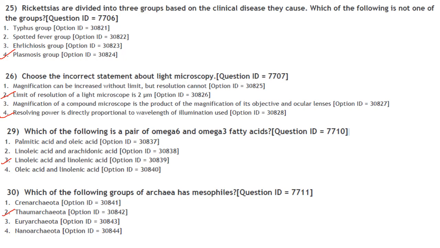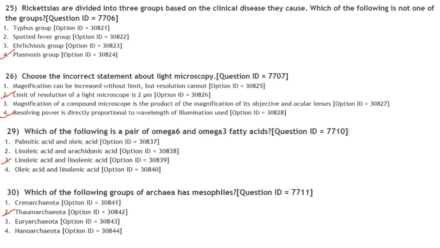Then next one. Choose the incorrect statement about microscopy. Magnification can be increased without limit but resolution cannot. Okay. Limit of resolution of a light microscope is 2 micrometers. Then magnification of a compound microscope is the product of the magnification of its objective and ocular lens.